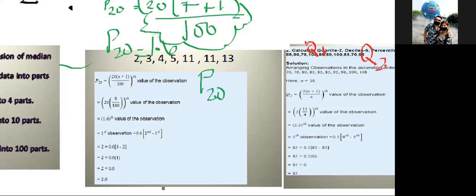So where is 1.6? It's in the middle of the first and the second observation. Going back here, 2, 3, 4, 5, so it's actually in the middle of 2 and 3.